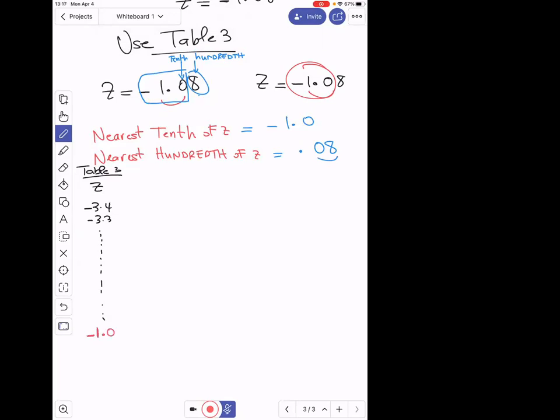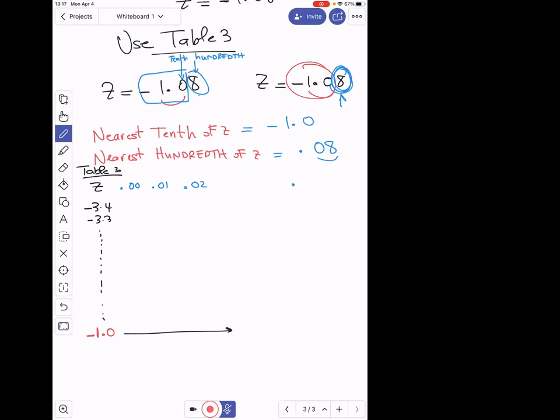Now, in the row negative 1.0, if you check the top row, you have your z, and then 0.00, 0.01, 0.02, etc. In our case, the top is your nearest hundredth. The hundredth here is the 8, so it's 0.08.